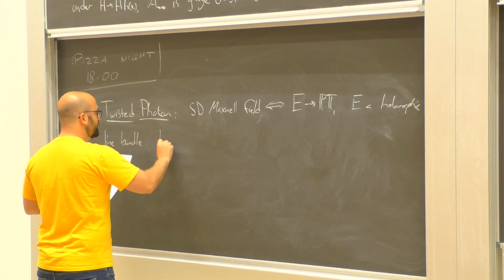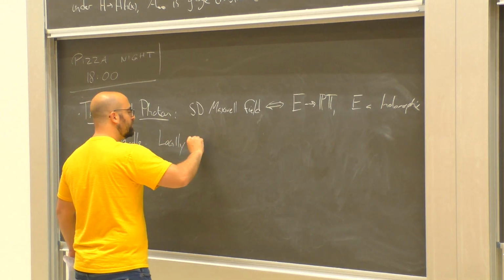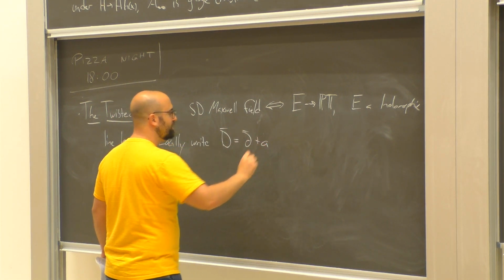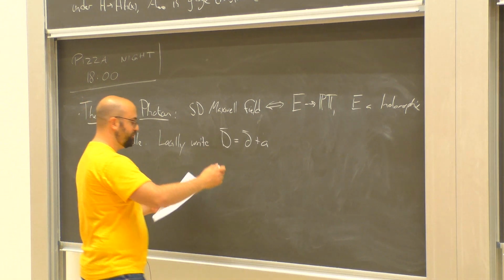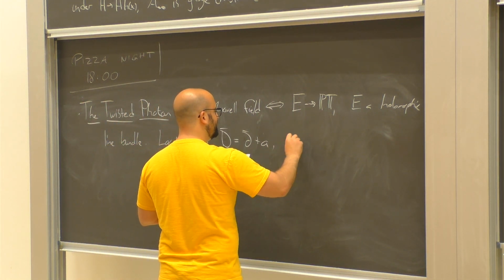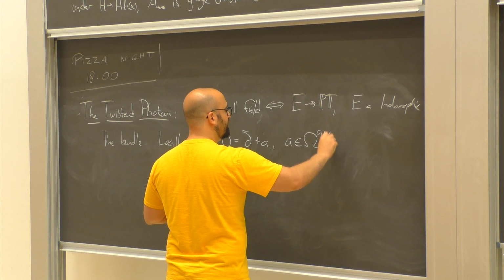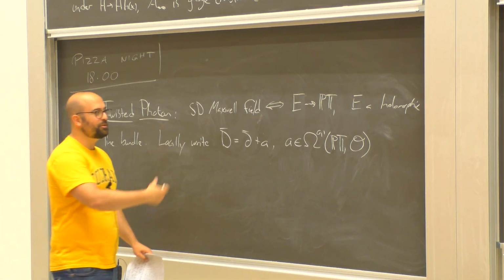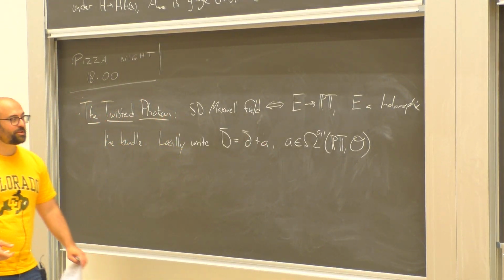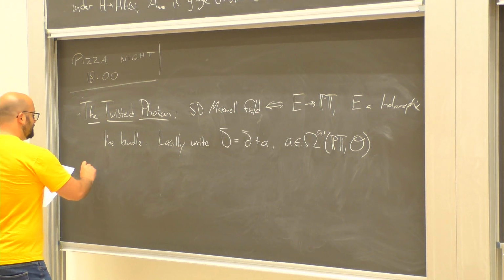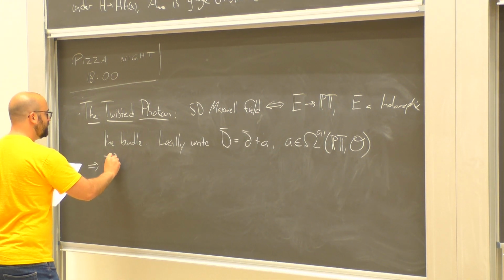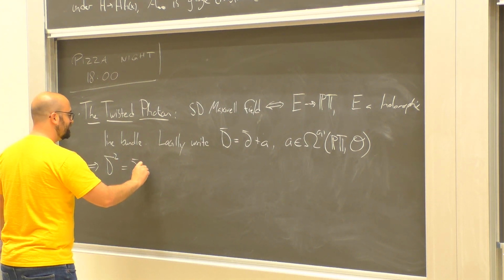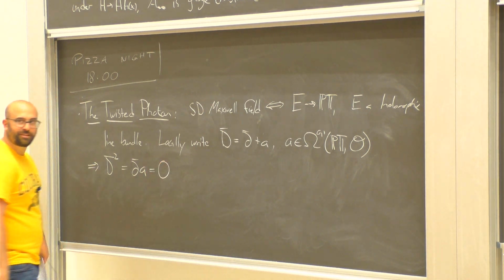So if we locally write our partial connection on Twistor space in terms of a one-form potential, we now have that this little a is just a 0,1 form on Twistor space that's homogeneous of weight 0. Because there are no non-trivial endomorphisms of a line bundle, the condition that this line bundle be holomorphic is that big D bar squares to 0. But now that's just little d bar of a is equal to 0, right?